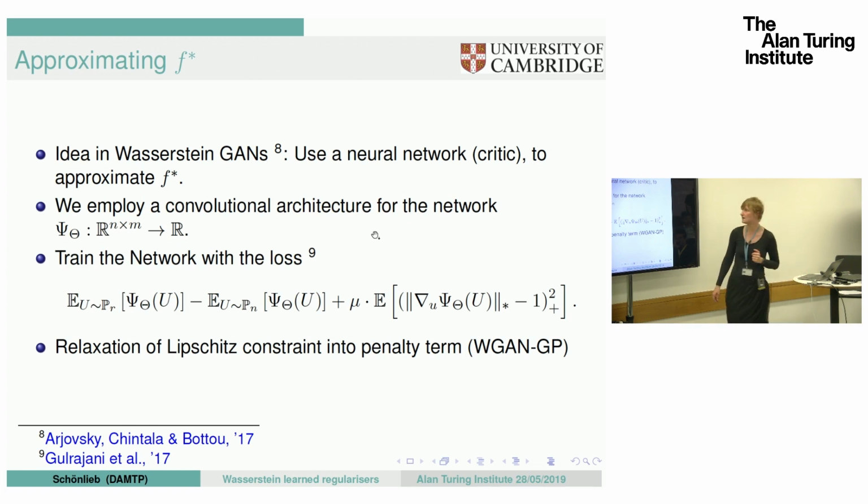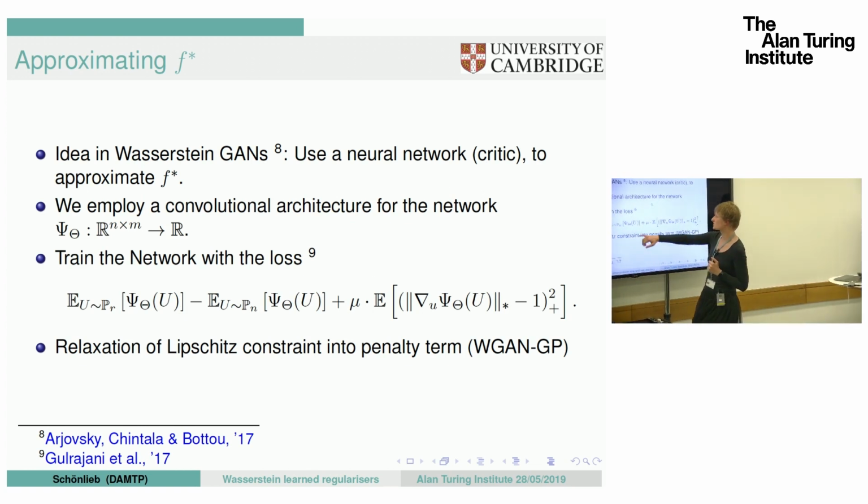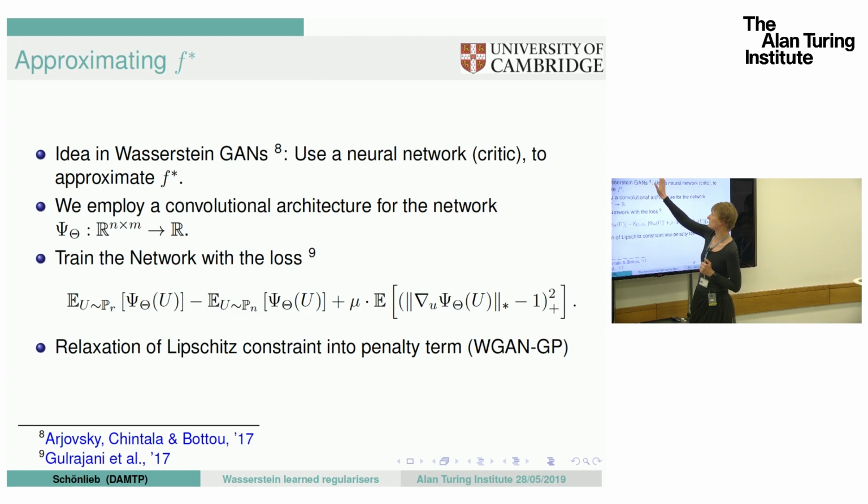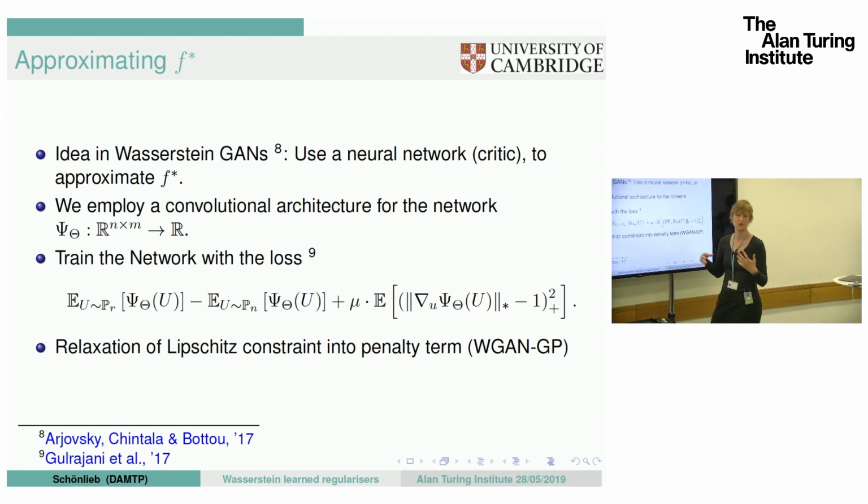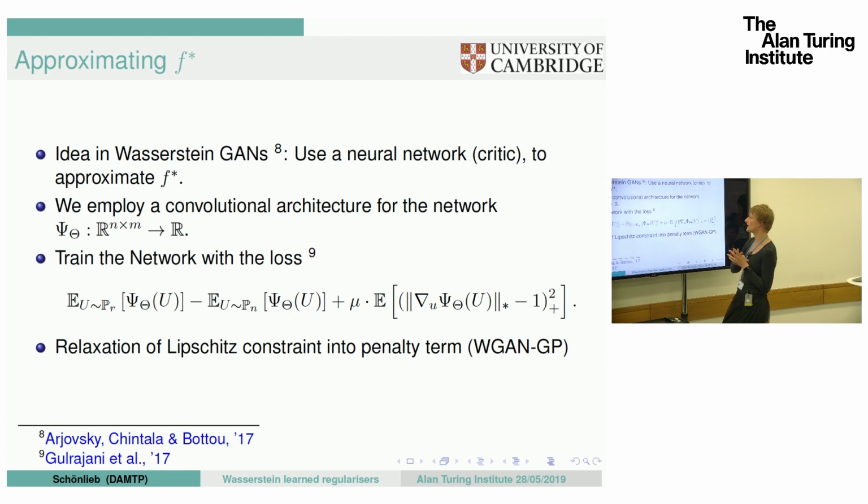How to deal with this actually was not our invention. Using the Wasserstein distance in the context of deep learning has been around for like two years or so, in the context of generative adversarial networks. I'm not going to go there.